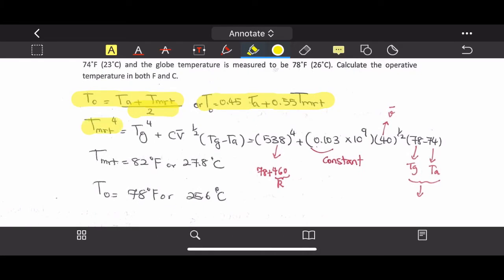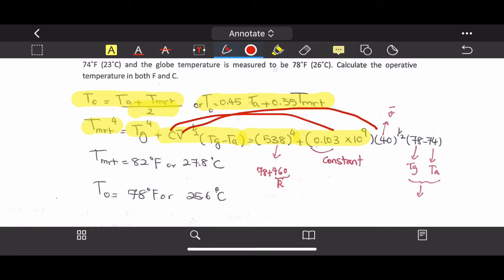TMRT to the power of 4 is equal to T globe to the power of 4, plus C V bar to the power of half, times T globe minus T ambient. Some people use V bar, some use V naught, and in fluid mechanics they use Q dot. In this example we will use English units for T. So this is Rankine, given as 78 plus 460 Rankine, and C is a constant.